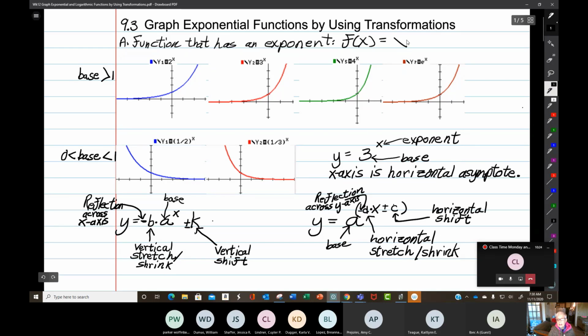F of x equals x to the third power, for instance, or x to the second power, where there's an exponent.